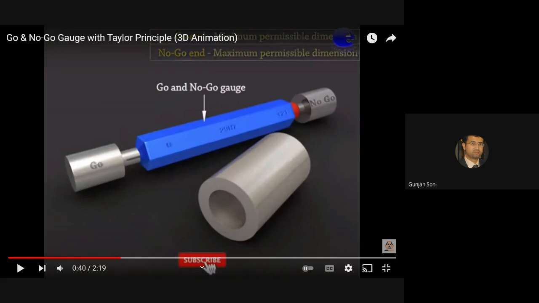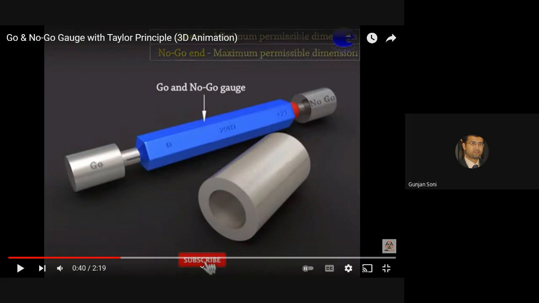So I'm more interested in the internal diameter. If I'm interested in the external diameter, I'm going to use a ring gauge, where the outer dimension of the cylindrical object will be checked. So it is like a ring. You insert the whole object in the ring.